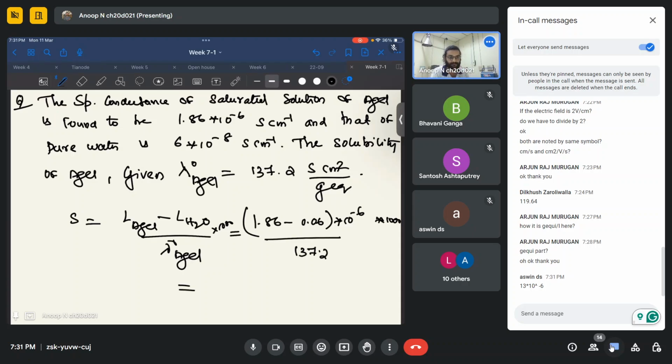What will be the answer? The answer will be 1.312 into 10 raised to minus 5 gram equivalent per liter.